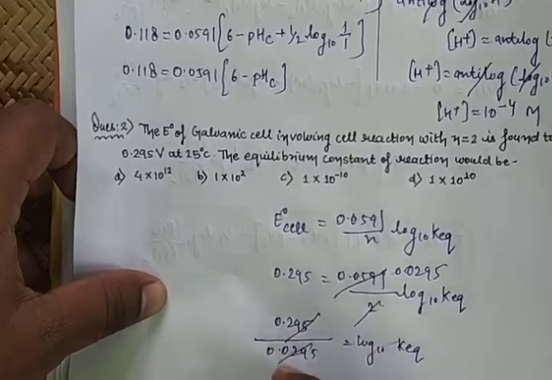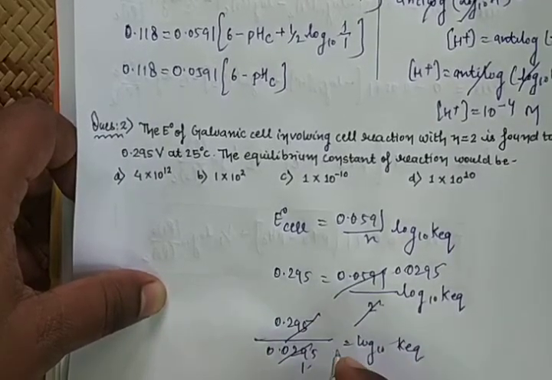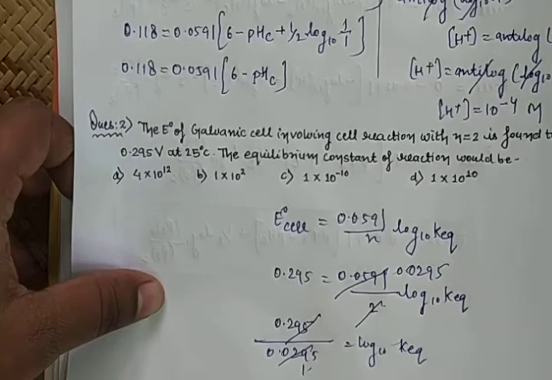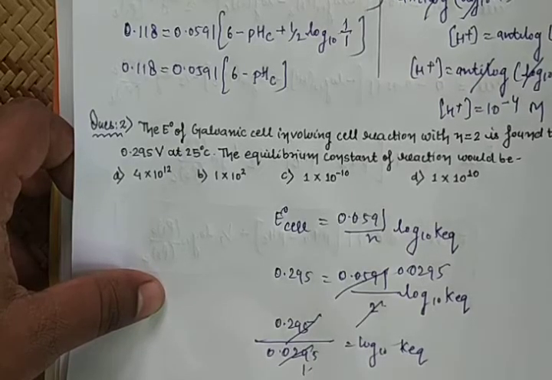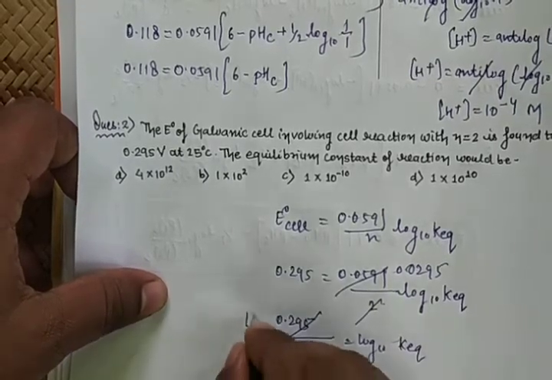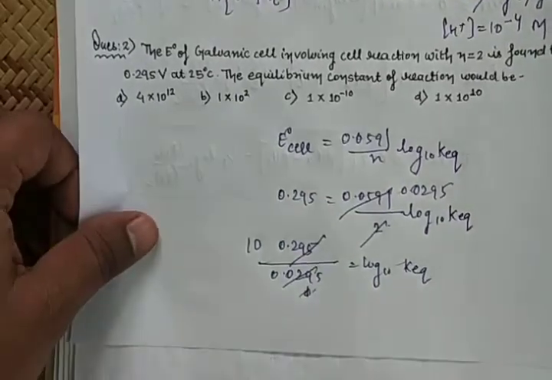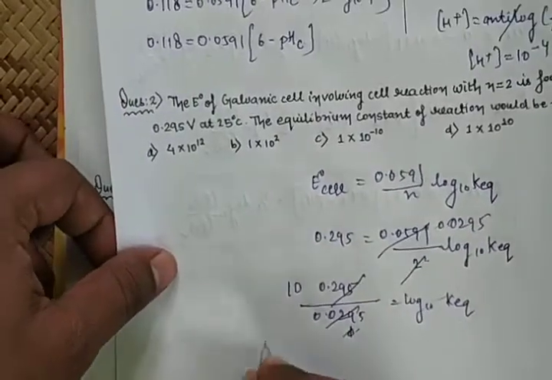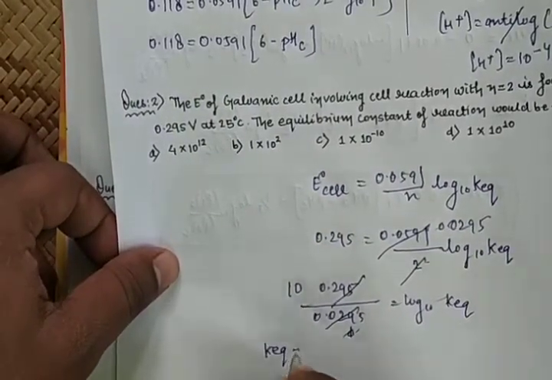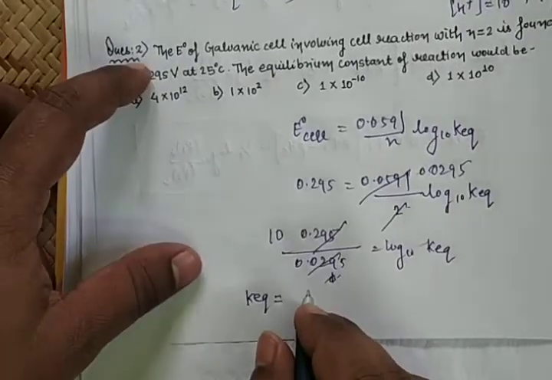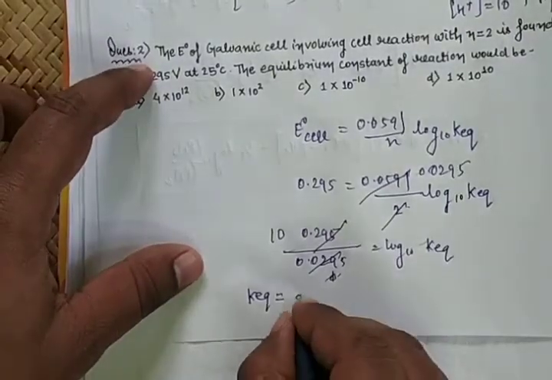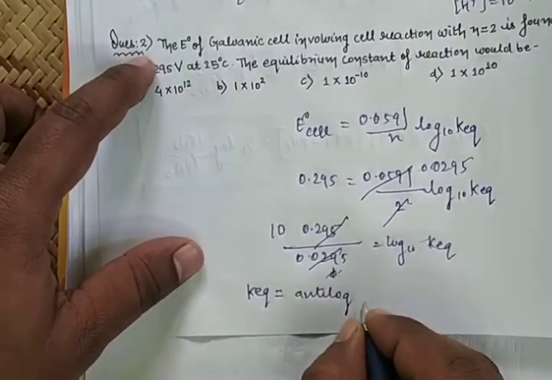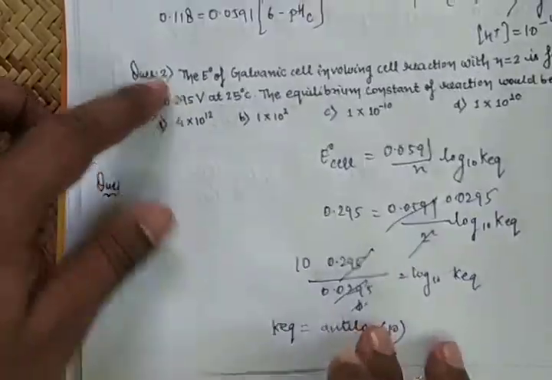So this is 10. Sorry, this is 10. Clear? And now Keq is equal to what? Keq is equal to the antilog of 10.